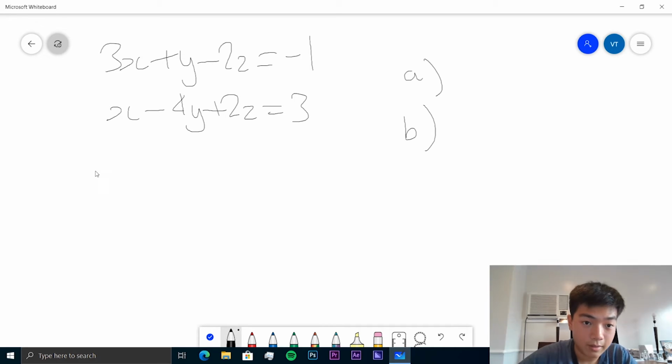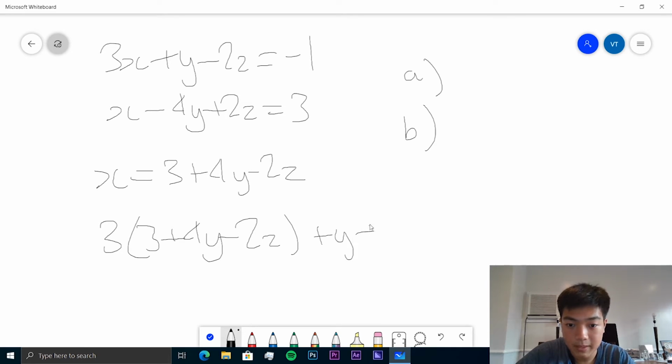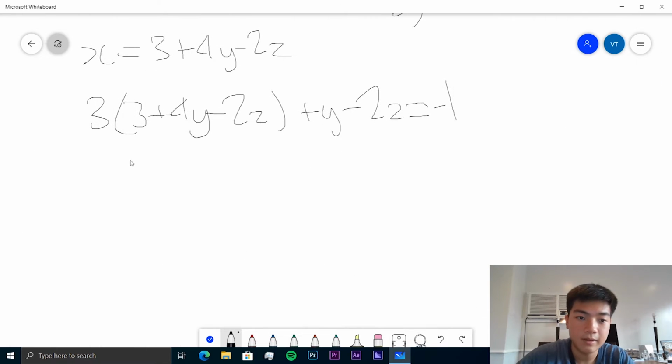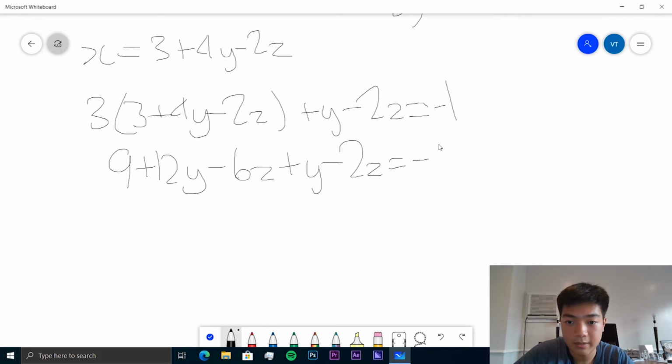We can start off with x is equal to 3 plus 4y minus 2z. So we have 3 times (3 plus 4y minus 2z) plus y minus 2z is equal to -1. So we have 9 plus 12y minus 6z plus y minus 2z is equal to -1.